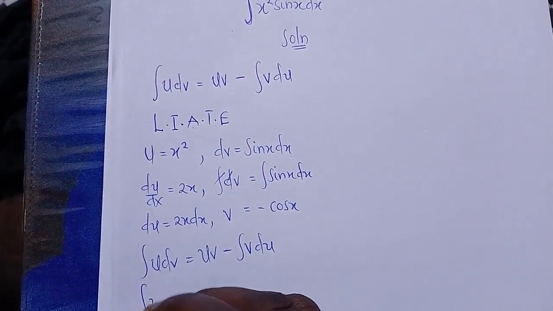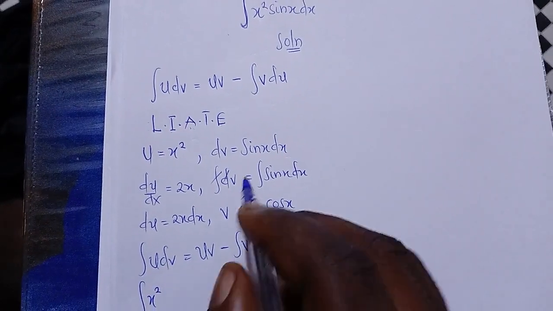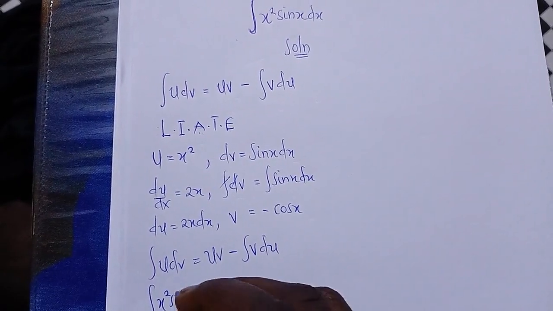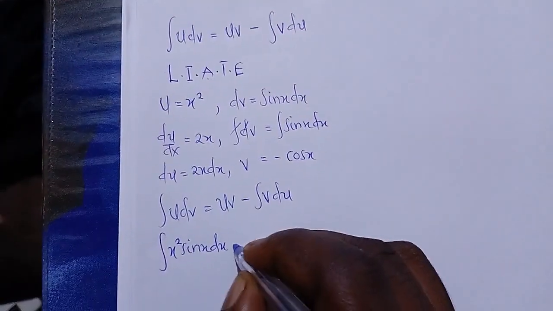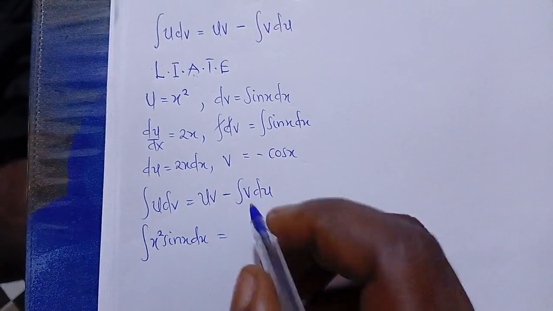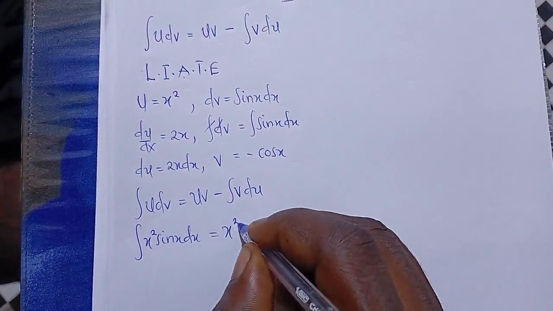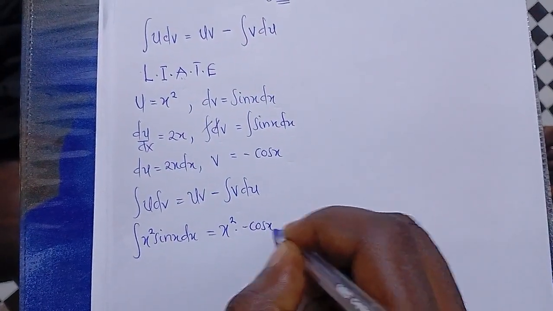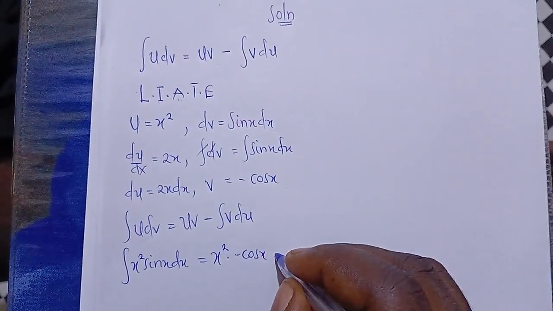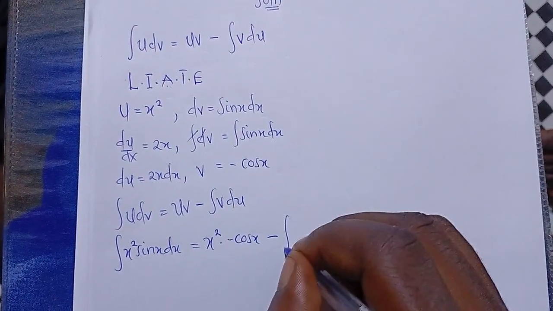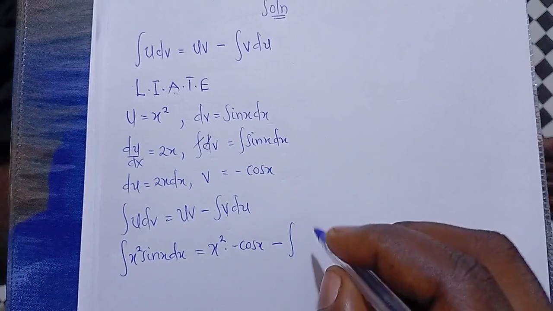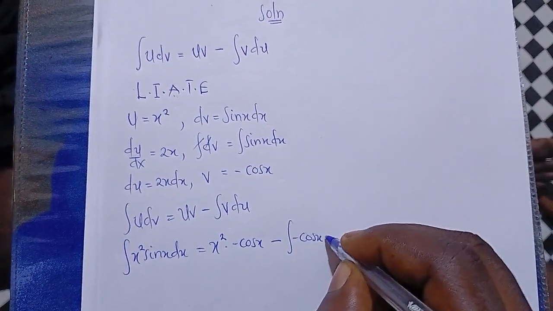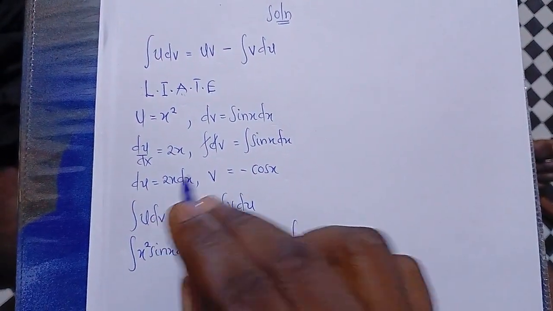So the integral of x squared sine x dx, the original question, is equal to u which is x squared, times v which is negative cos x, minus the integral of v, which is negative cos x, and then du is 2x dx.